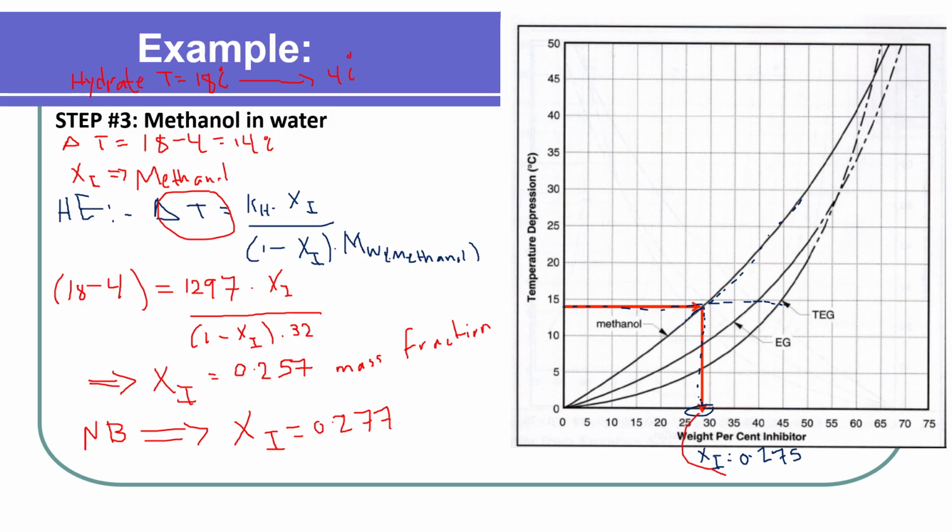Honestly, I can simply correlate it to 0.28 if I want to be on the safe side, as mass fraction. So now we have calculated the mass fraction of methanol in the liquid methanol mixture that you have.